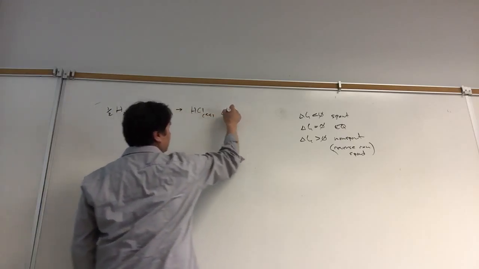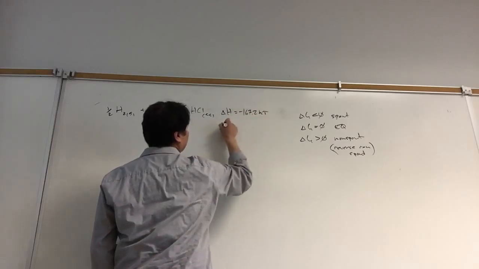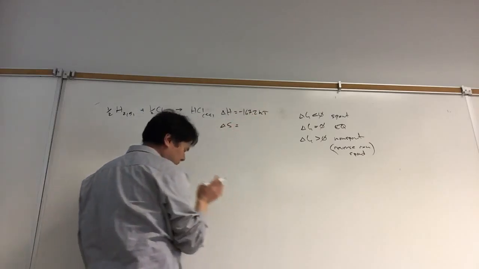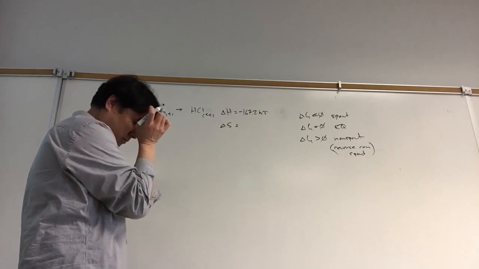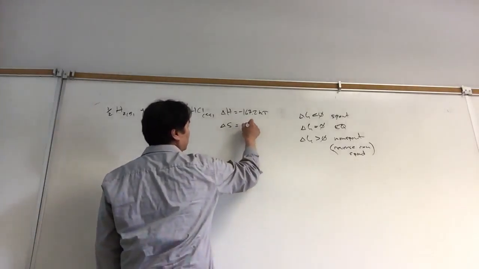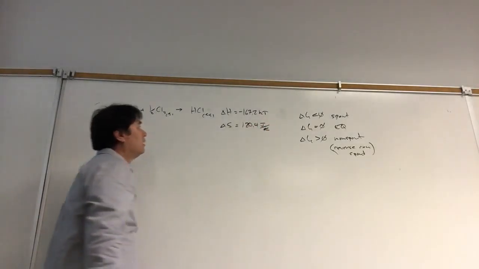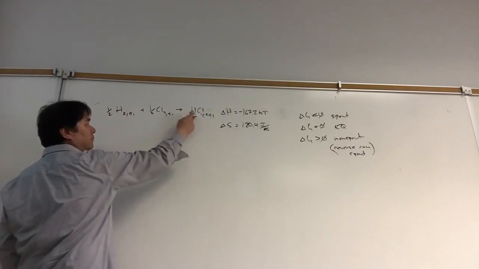And we saw that delta H is minus 167.2 kilojoules. And delta S for this was, I forgot, but okay, joules per Kelvin. We're just going to do it per mole of HCl.